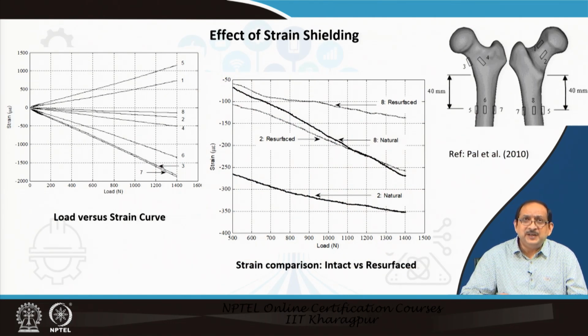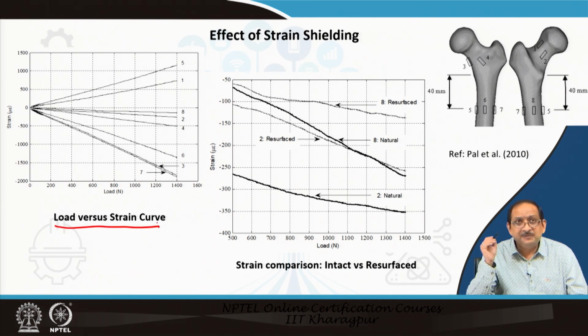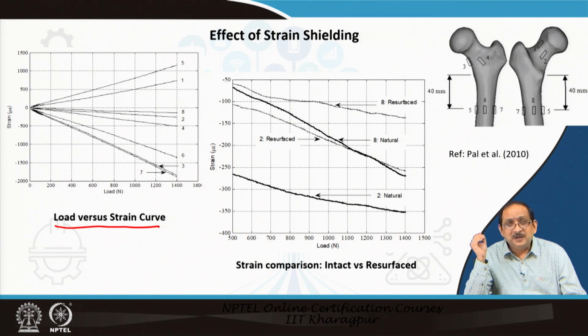The effect of strain shielding is evident from the experimental measurements, as you can see here in the slide. The load versus strain curve is plotted for 8 strain gauges, as you can see here.